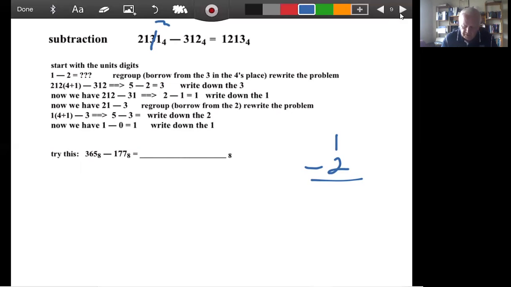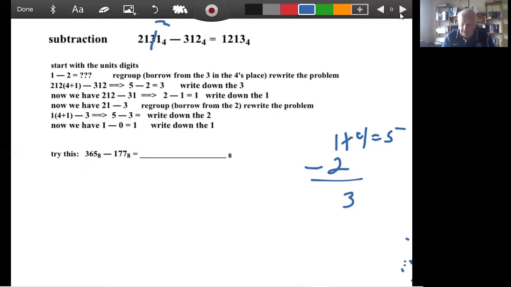And we're going to bring over a 4, because we didn't borrow 10 or a 1. We borrowed one of the 4s from the 3 4s we had. We brought over 1, which is a 4. That's 4 plus 1. So now this becomes a 5, and 5 take away 2 is 3.